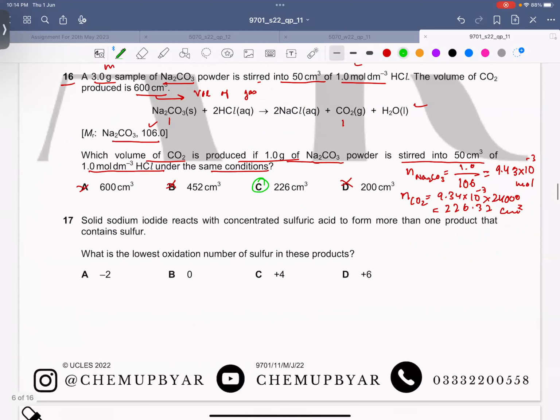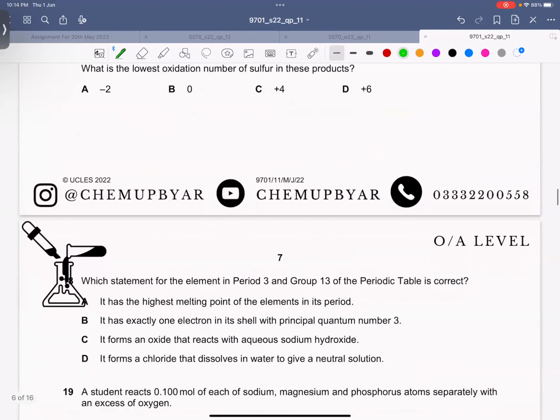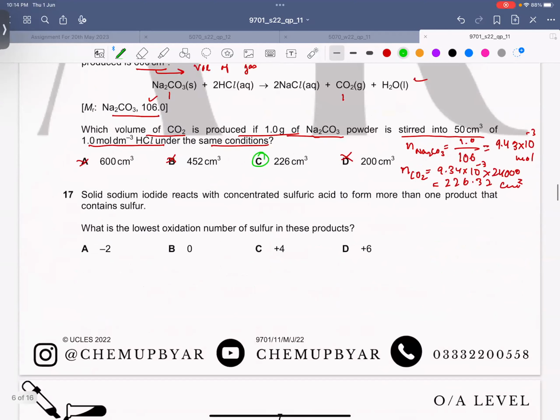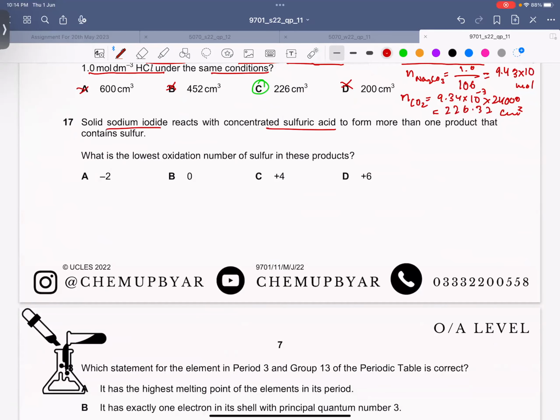Now, question number 17. I hope everybody understands question number 16. Solid sodium iodide reacts with concentrated sulfuric acid to form more than one product that contains sulfur.